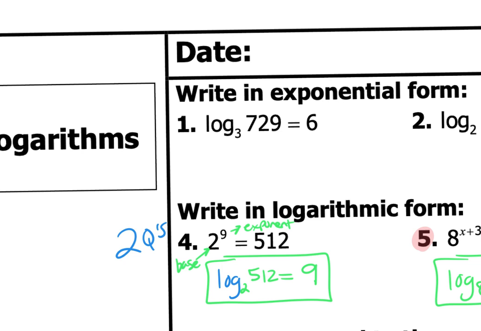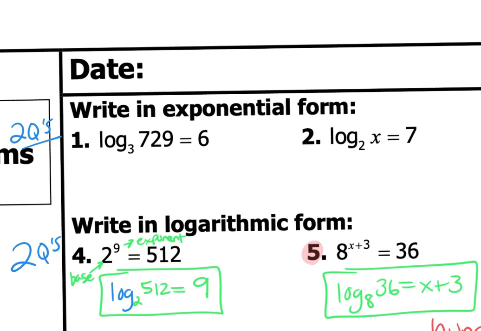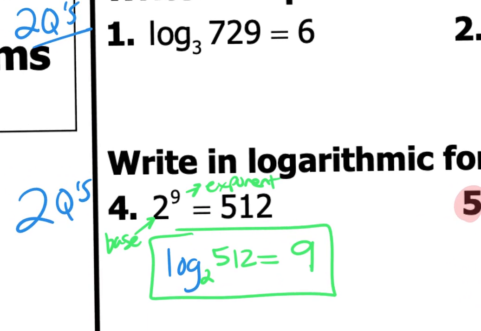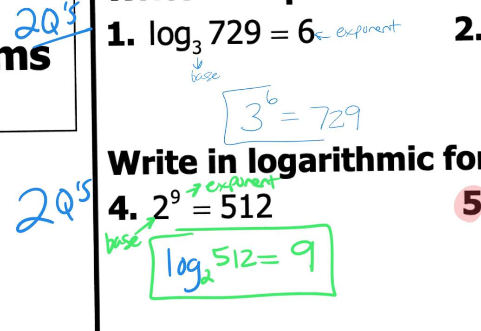All right, moving up, we're backwards today. So on 1 and 2, you're going to have 2 questions like 1 through 3. Okay, these ones are in logarithmic. You need exponential. Start with the base. The base is 3. So it's going to be 3. The exponent is 6. 3 to the 6th equals 729. All of that is the answer to this question.